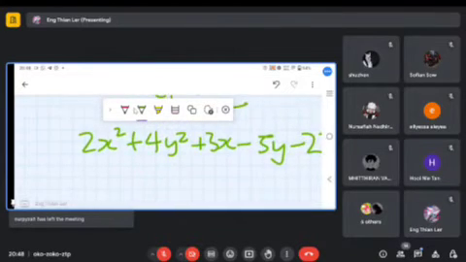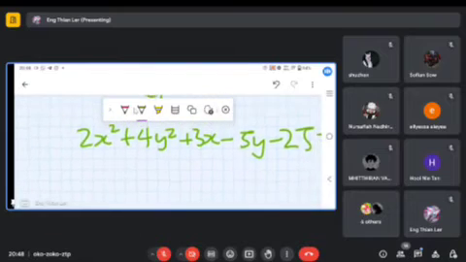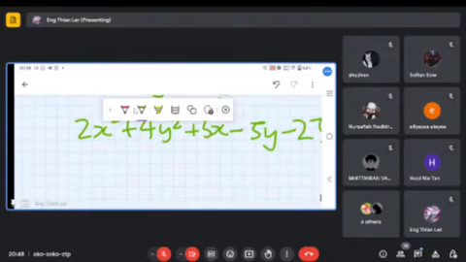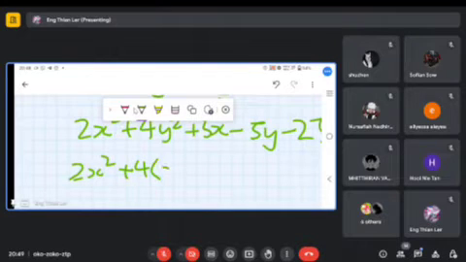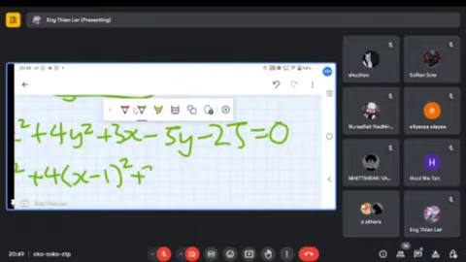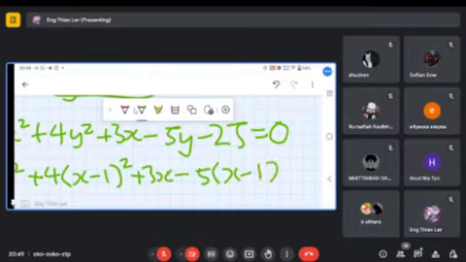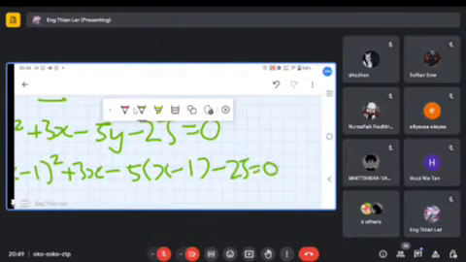So we have 2x squared plus 4(x minus 1) squared plus 3x minus 5(x minus 1) minus 25 equals 0.